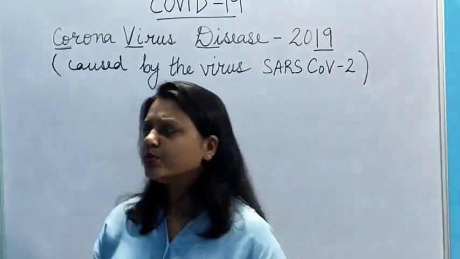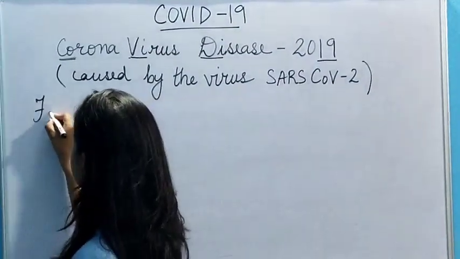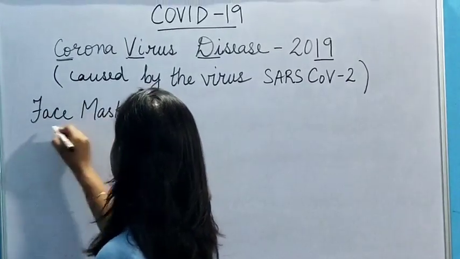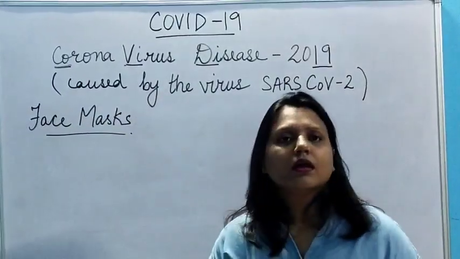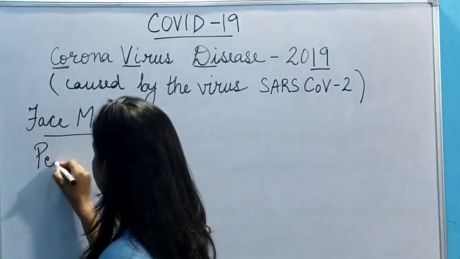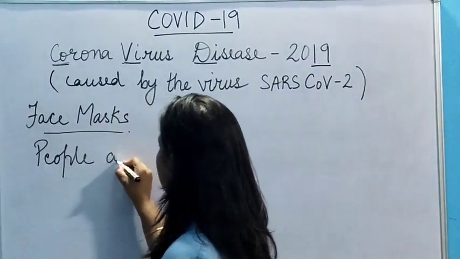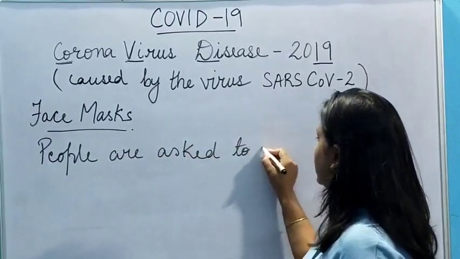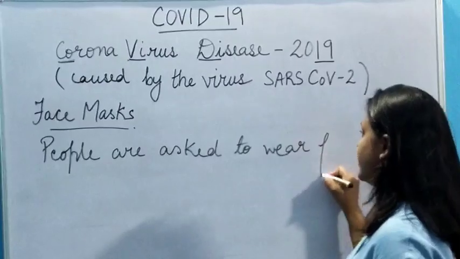Now, the next word is face mask. You all must be hearing about these. We can use this term in a sentence like: people are asked to wear face masks.